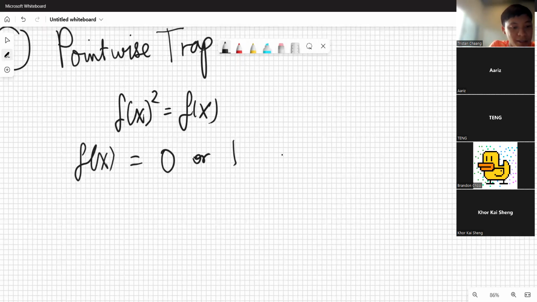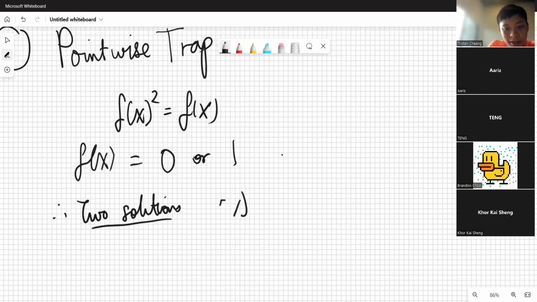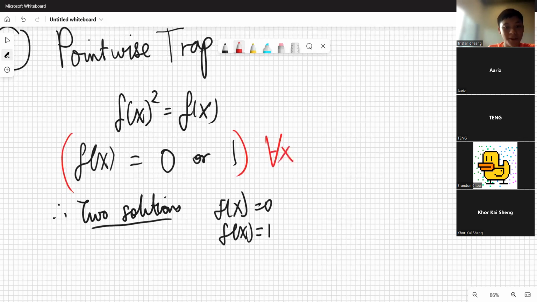So, two solutions. f(x) is 0 and f(x) is 1. It may be 0. Yes, so someone answered it. It may be 0 for some values of x and then 1 for others. So notice this statement here is f(x) equals 0 or 1 for all x.